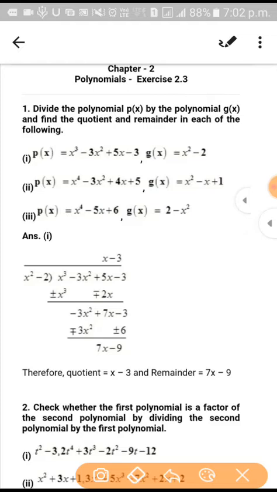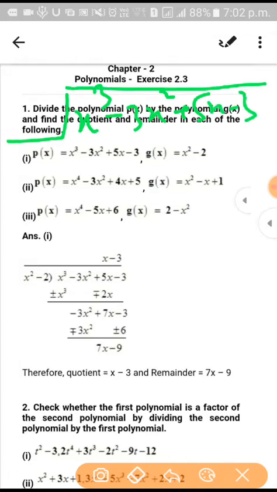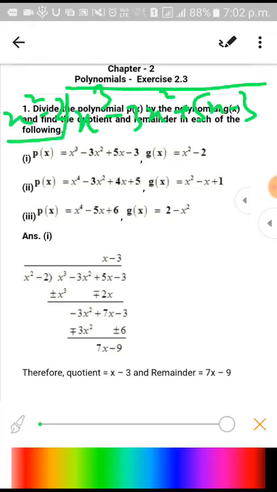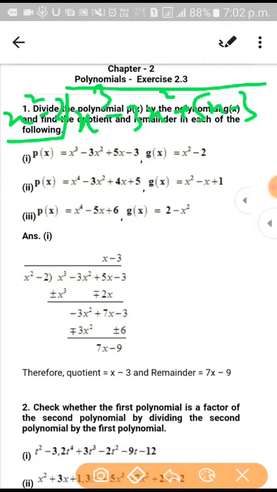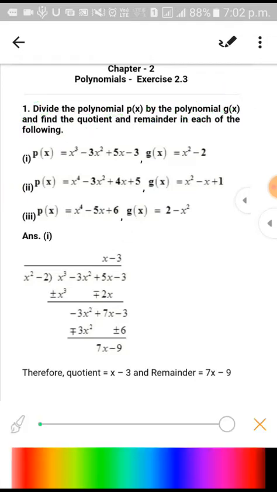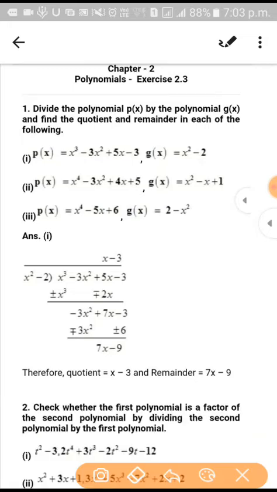So what we need to do, we have to divide x cube minus 3x square plus 5x minus 3 by x square minus 2. Before dividing, be sure that the polynomials are written in their standard form. Means the highest power should come first, then the decreasing order of the power.